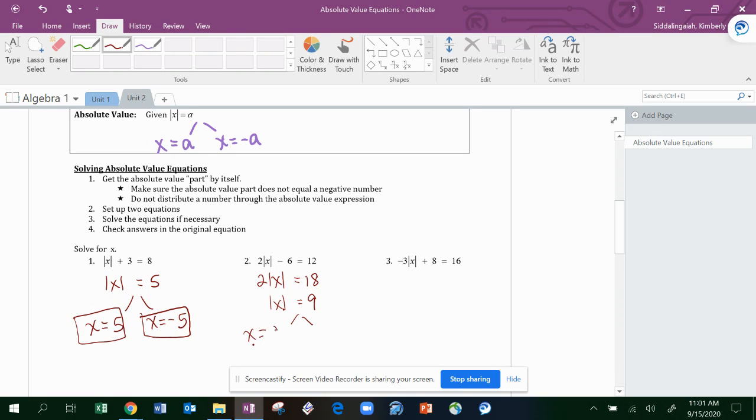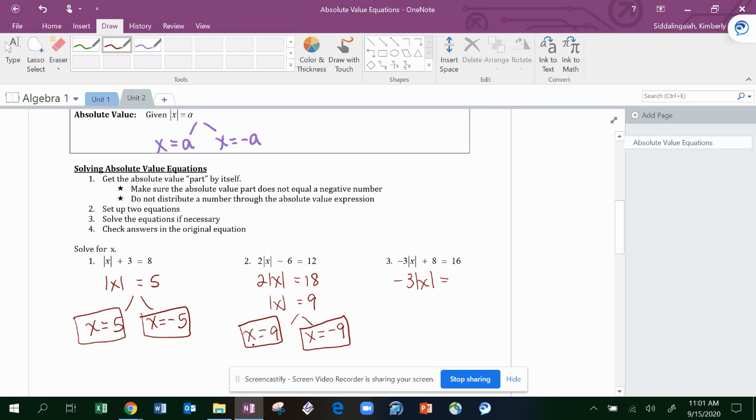So I create my branches, and I get x equals 9, or x equals negative 9. Let's look at one last example before I let you go. We will be doing more absolute value equations in class on Thursday. This is just to get you started.